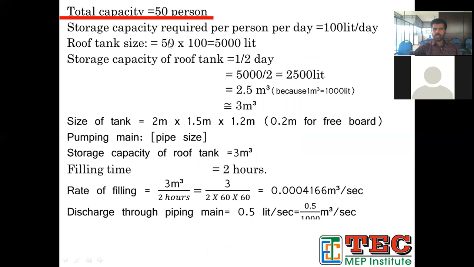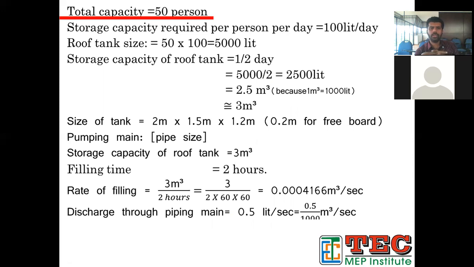Then the roof tank size would be 50 into 100, which is 5,000 liters. If we take half day storage, we can give 2,500 liters or 2.5 meter cube, where 1 meter cube is 1,000 liters. If you want to round it, we can give 3 meter cube or 3,000 liters.